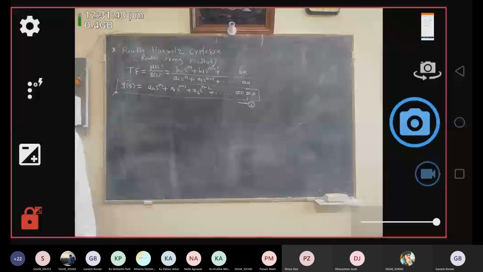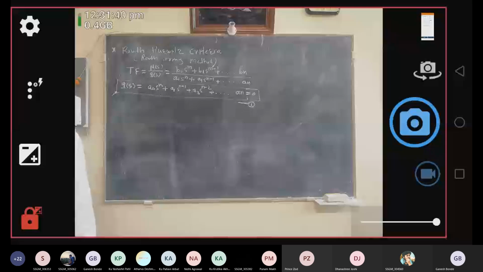So in general we can write down the elements in the first row of your Routh array. Start with A0, so the first element is A0. Alternate coefficients are always there. After A0 comes A1, so you can skip A1. After A1 comes A2, then after A2 comes A3, so you can skip A3.